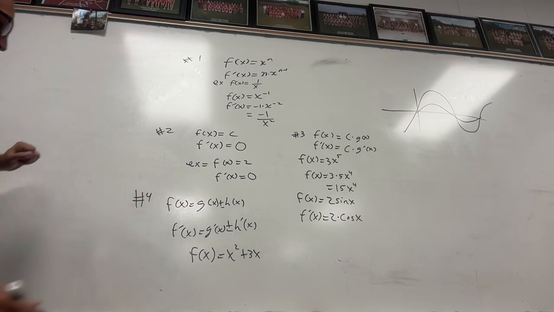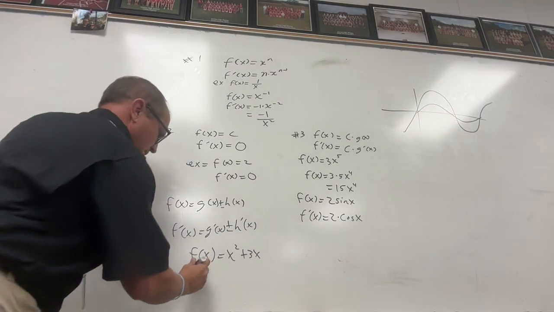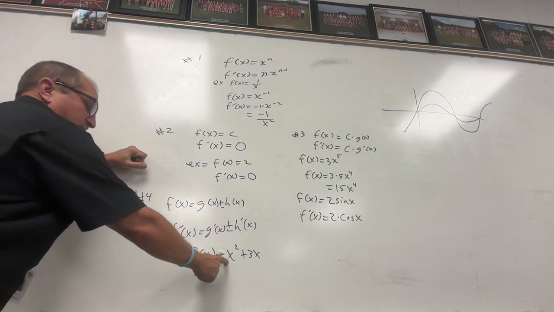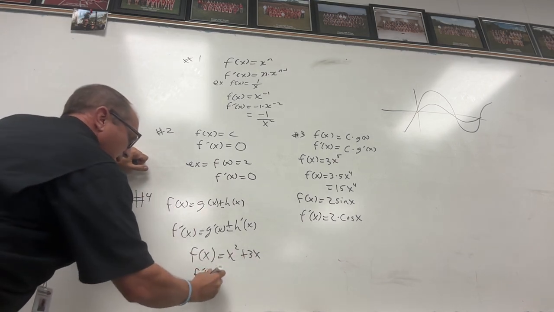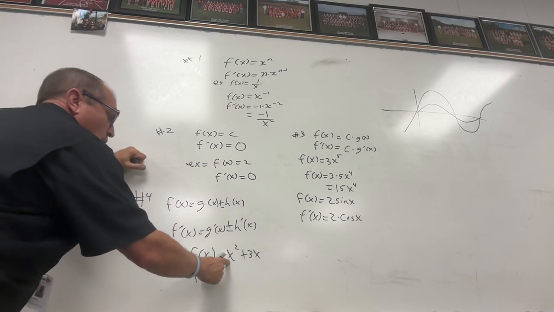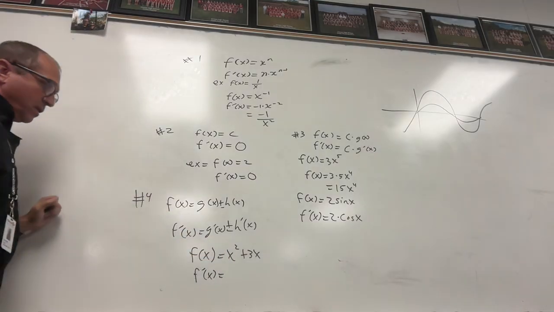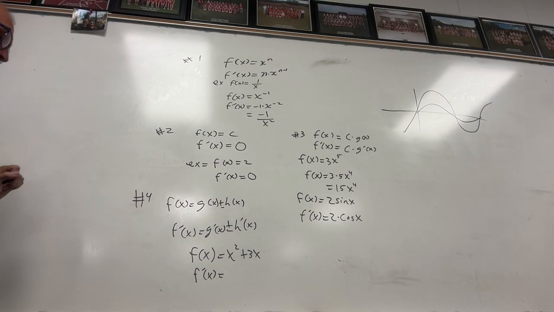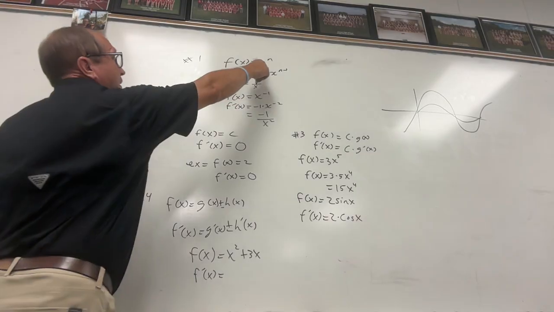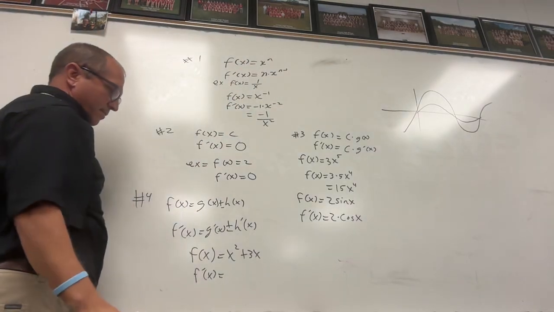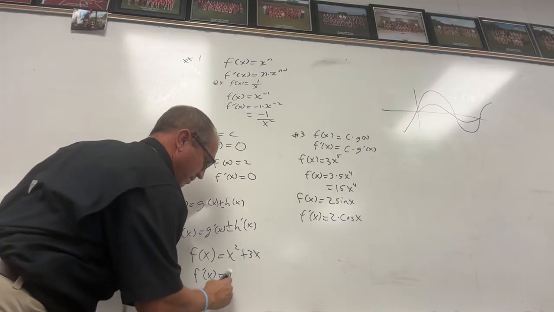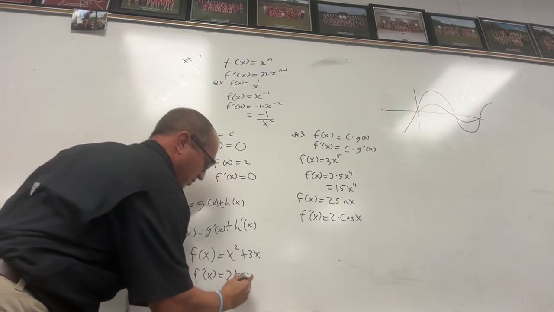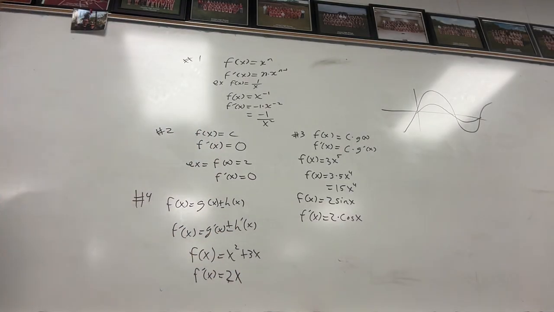So let's take the derivative of the first one and let's take the derivative of the second term. So f prime of x is going to be, all right, what would be the derivative of x squared? What's the exponent? 2. So it'd be 2 times x to the first power, which is x.